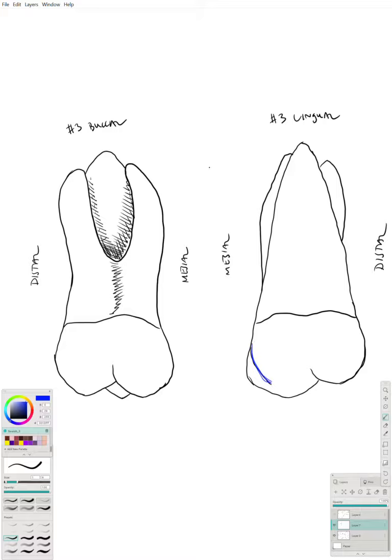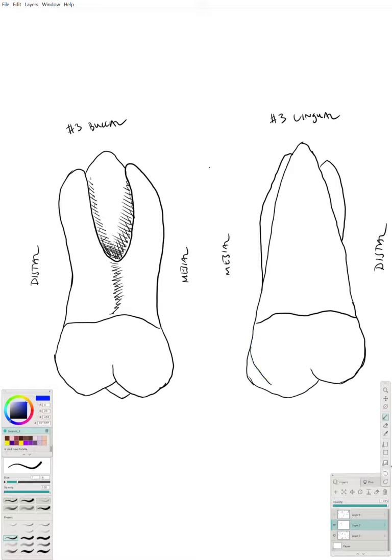It's on the lingual aspect of the mesiolingual cusp, and not all first molars have this, but it is the one molar that can have it. And it's also known as a talon cusp. But anyway, that is where you're going to find the cusp of Carabelli.